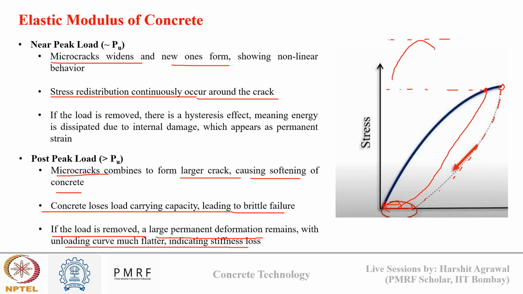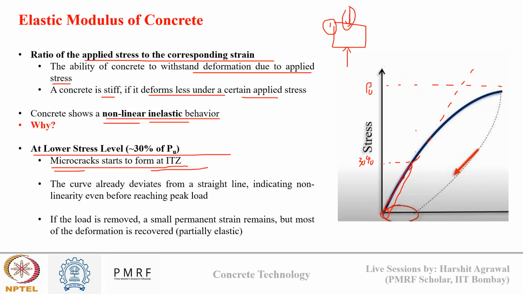If I remove the load at this point, only a small portion or maybe no portion of strain will recover, because concrete has already failed. That's why we say that before reaching the ultimate load Pu, the concrete shows a non-linear inelastic behavior in compression.